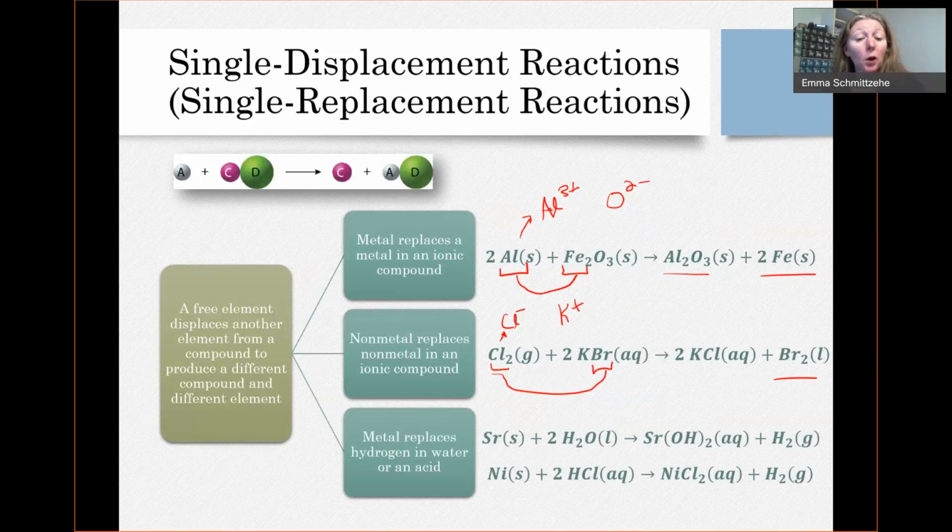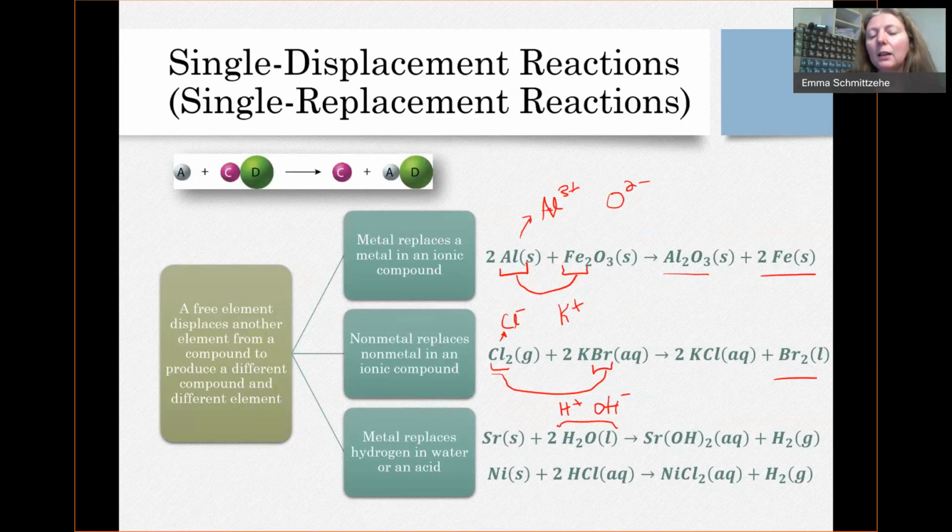with either water or acid. Okay, and what happens there is the metal replaces the thing that is behaving like a metal, which would be the hydrogen. Okay, so when you have a water molecule, it can be helpful to think of it as being really made up of H plus and OH minus.